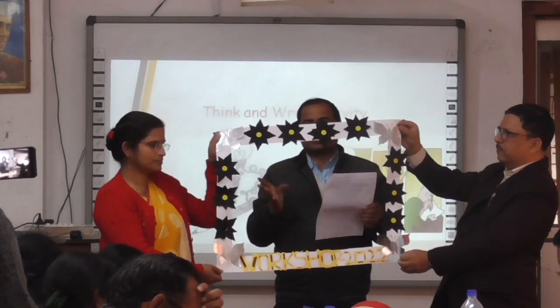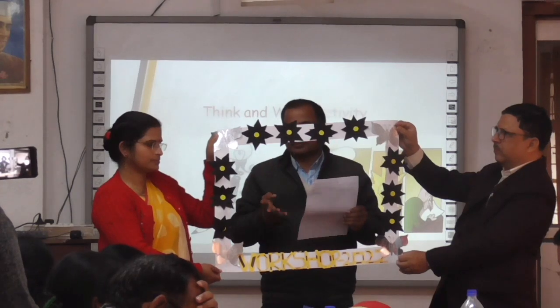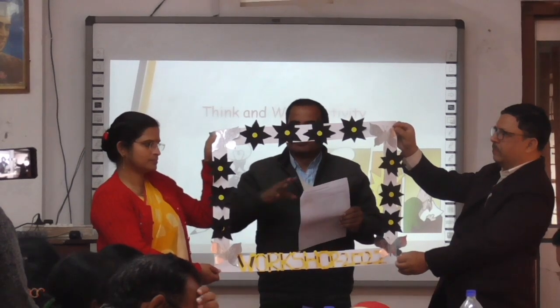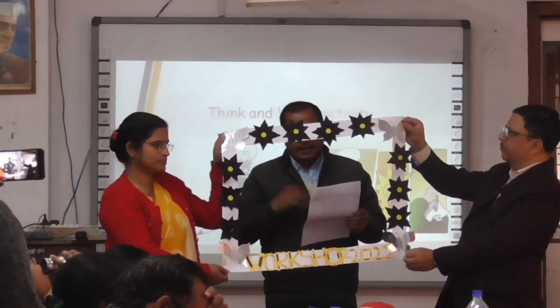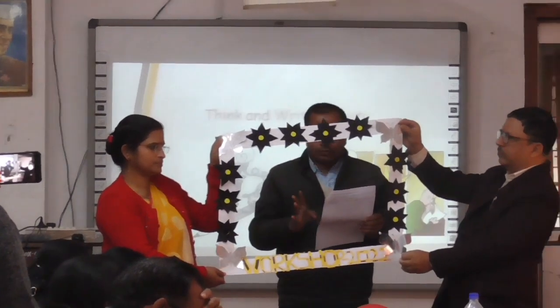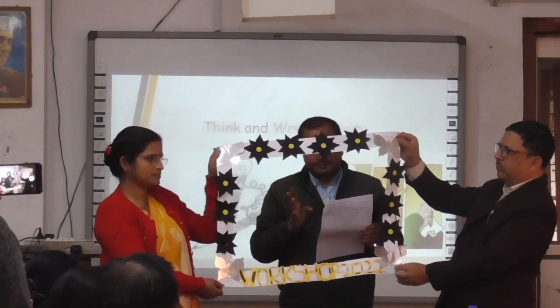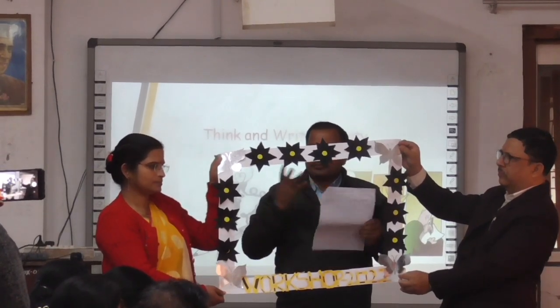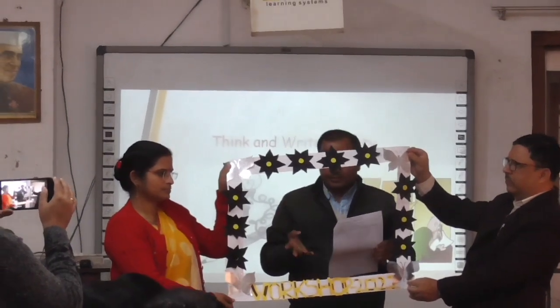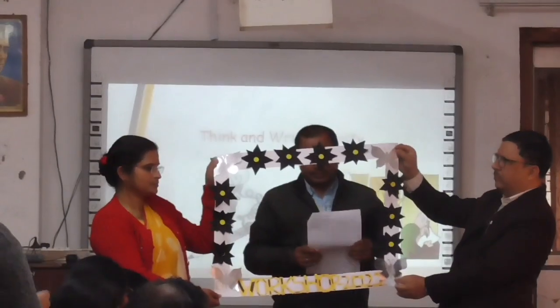That means we can get many observations from this, or interpret many types of conclusion from this activity. And finally, the outcome achieved by this activity is that the students will be able to know about the different properties of the materials. Thank you.